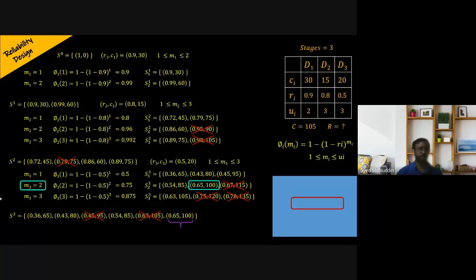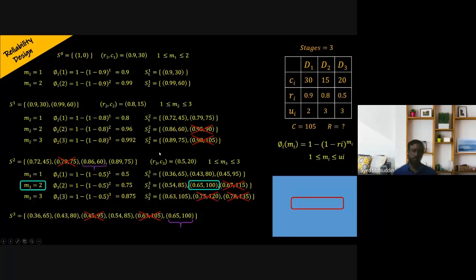So M3 is going to be 2. That is, at stage 3, though we can use at most 3 devices, to get this reliability 0.65, that is the highest reliability, we use 2 devices at stage 3, and those 2 are D3 devices.